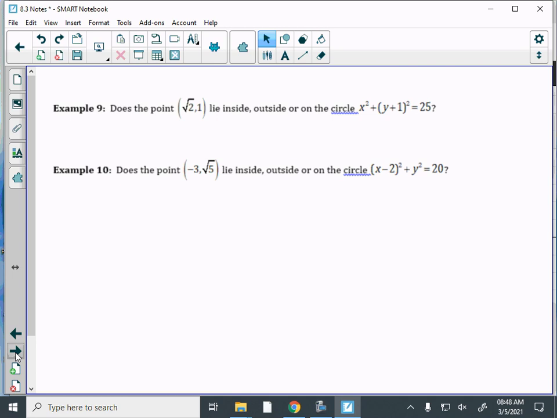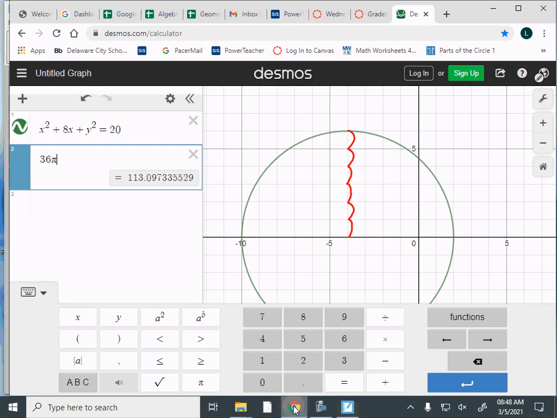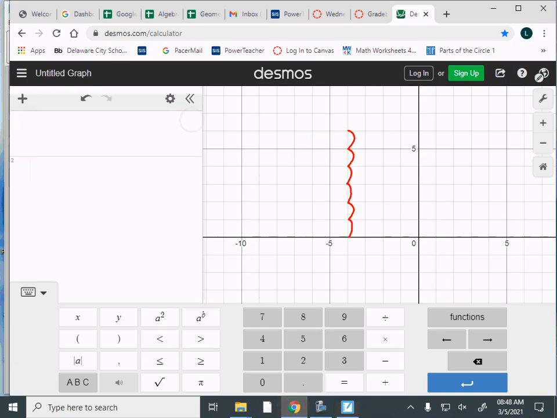So what do you think you have to do to figure this out using Desmos? You could just plug in the point, plug in the equation, and see where it lies. It's that easy. So I'm going to type the equation of my circle in.